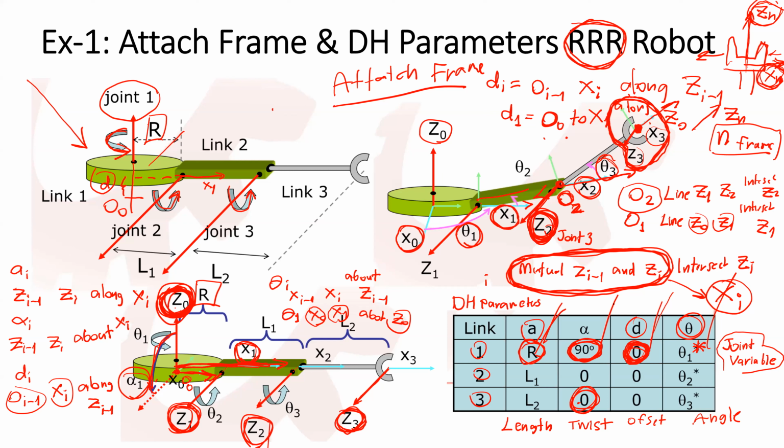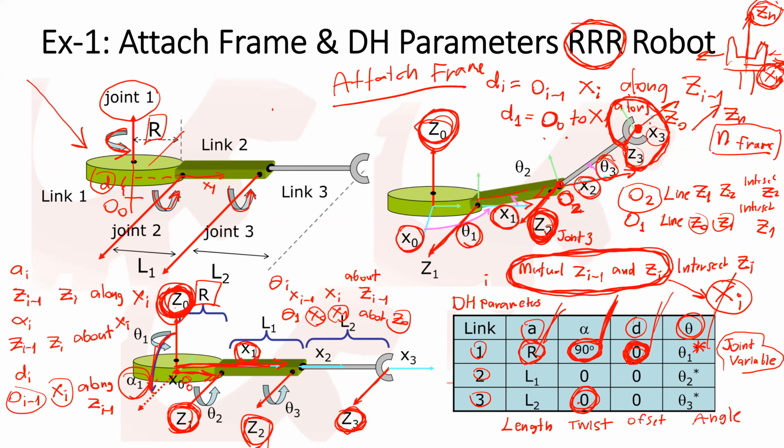The link twist, 90 degrees, changes from the vertical direction to the Z1 direction. It's 90 degrees. It's never changed. It's the robot design.